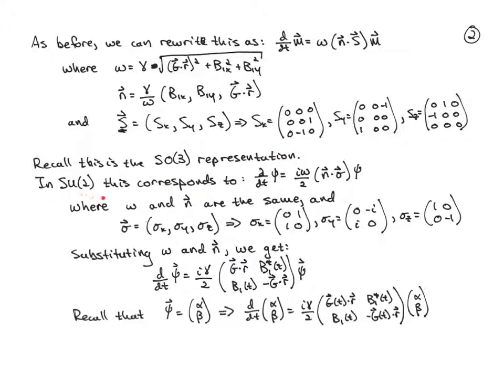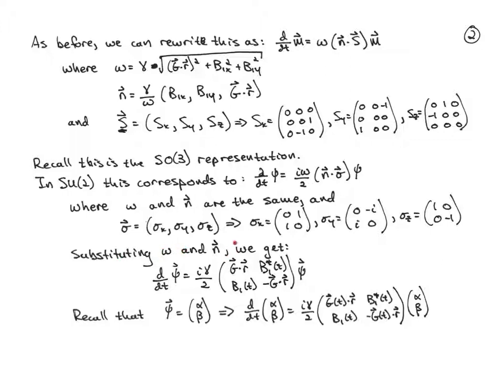In SU2, this corresponds to the incremental change in the spinor is equal to i, square root of minus 1, times the rate omega over 2 times n dot sigma, where these are the 2x2 rotation matrices, as we defined before, times the current state of the spinor, where omega and n are the same as they are in the 3x3 case, and sigma is the collection of these 2x2 rotation matrices.